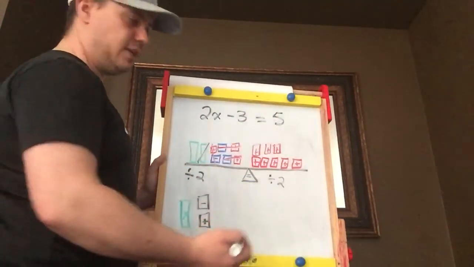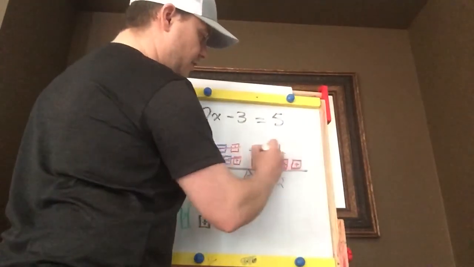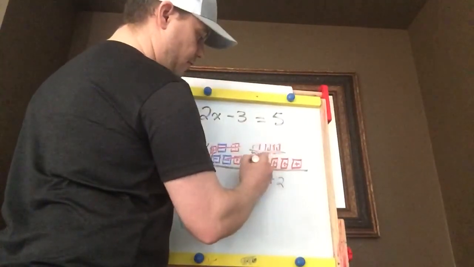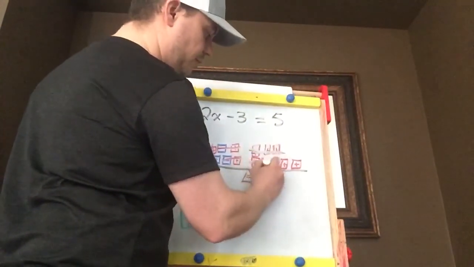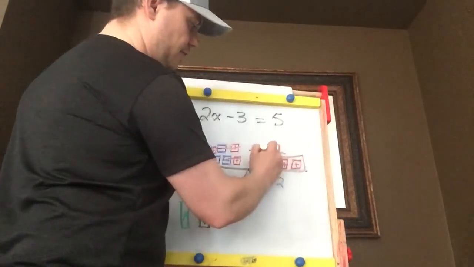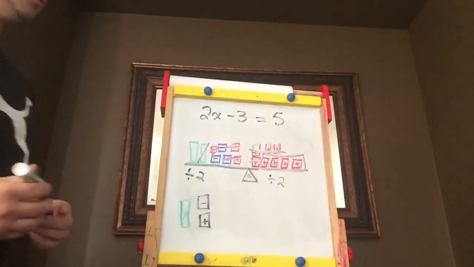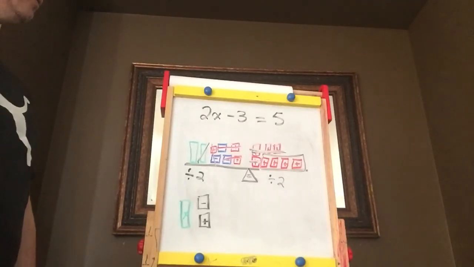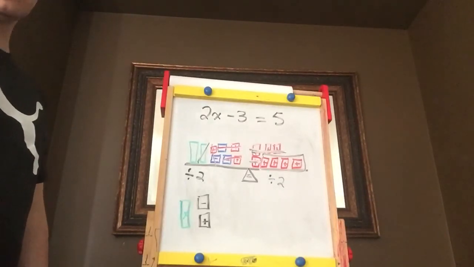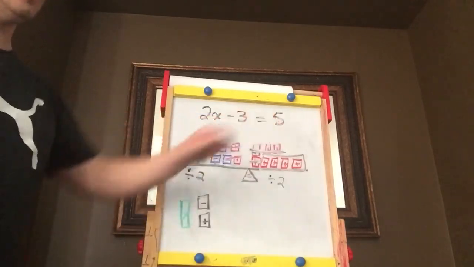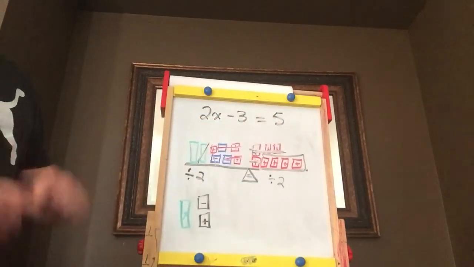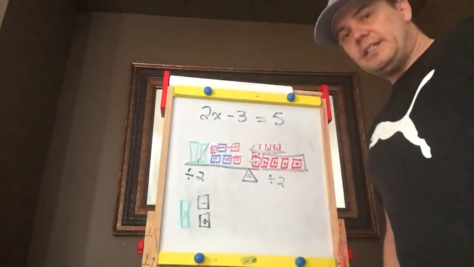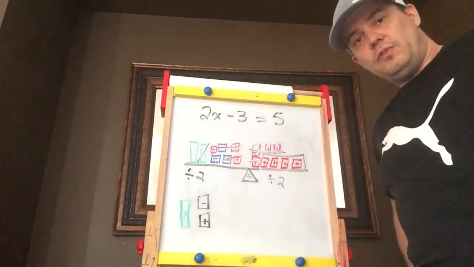So if I'm cutting those in half, I'm going to end up canceling out 4 of them, leaving me with my answer, x equals 4. Okay, if we take a look at it, 2 times 4 is 8. And if we subtract 3 from 8, we end up with 5, which means both sides are balanced, and you've got the right answer. All right, that is your review of the test.